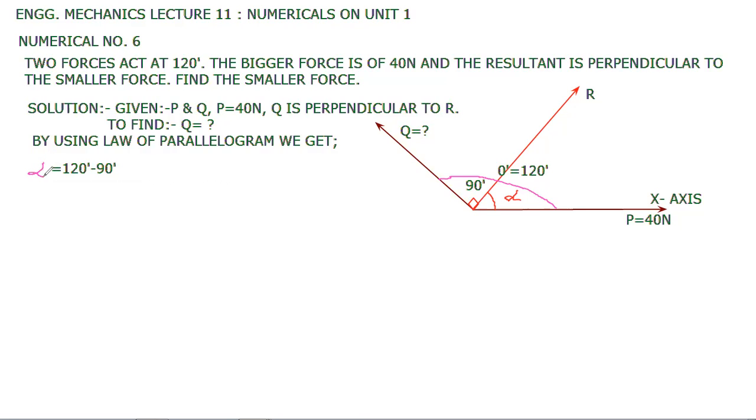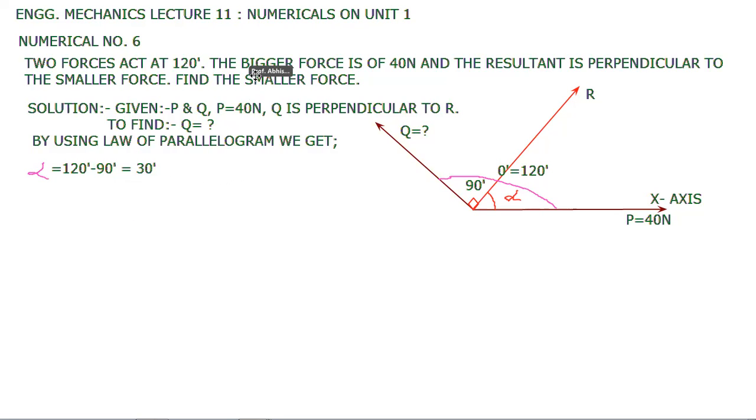In this way you have found this value of alpha, which is 120 minus 90, equal to 30 degrees.